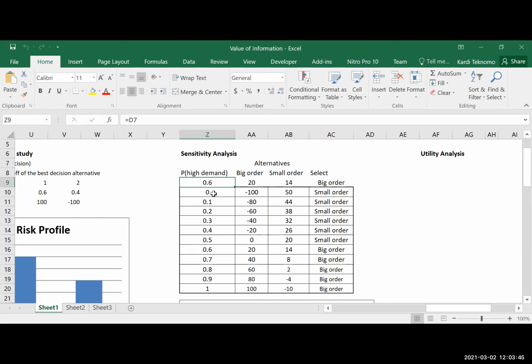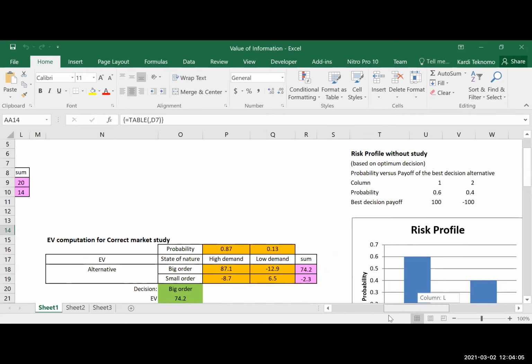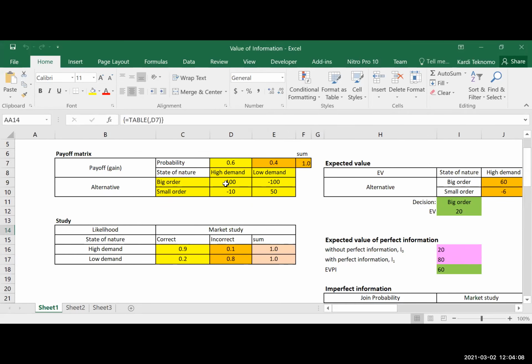Then what you need to do is calculate what will be the value for probability 0, 0.1, 0.2, 0.3, and so on, based on this table. Can you see it? The table of payoff matrix of fruit store problem.